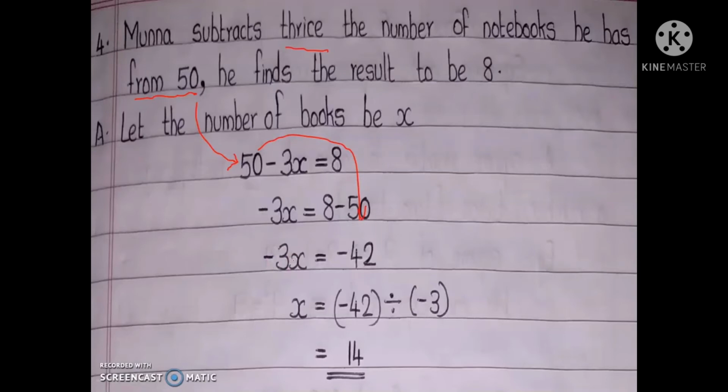Minus 3 into x or negative 3 into x. So the operation done here is multiplication. So when you take to the other side, it becomes division. Don't get confused about that. Make it very clear. So the answer is x is equal to 14.